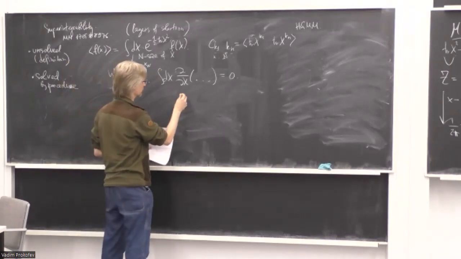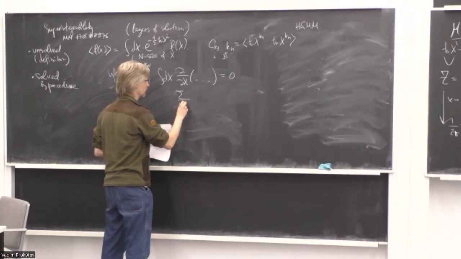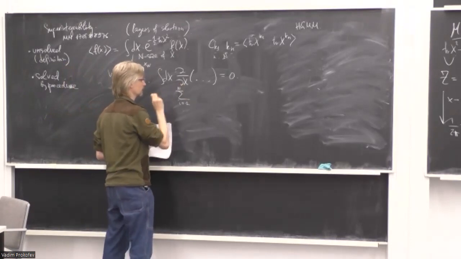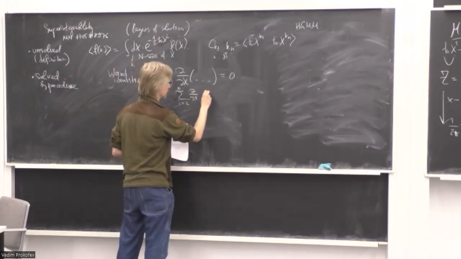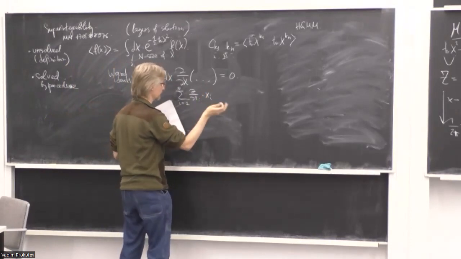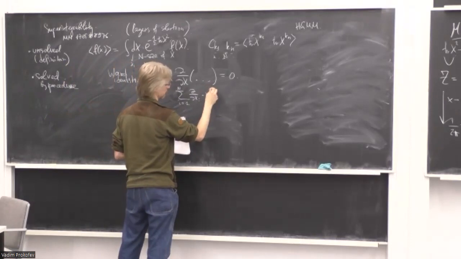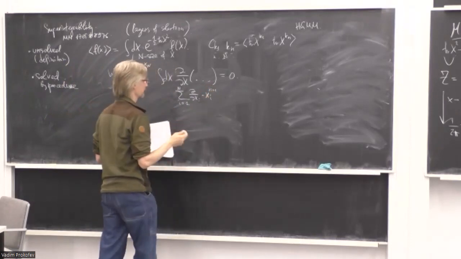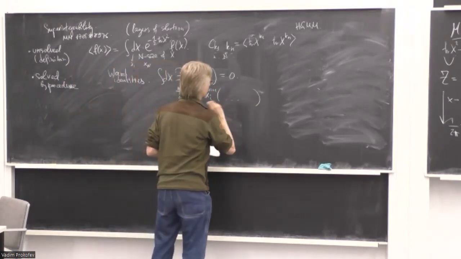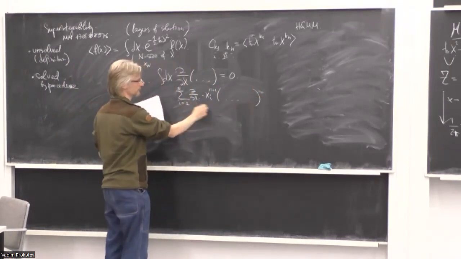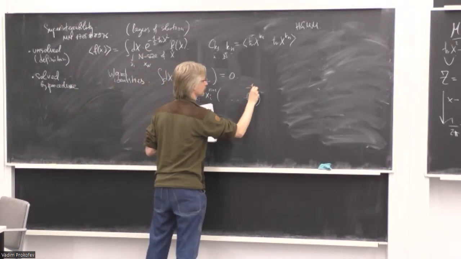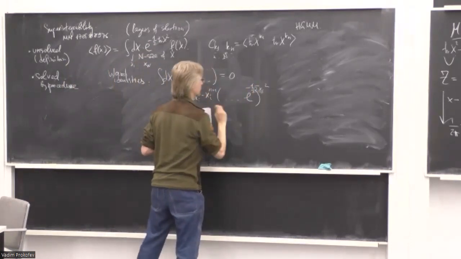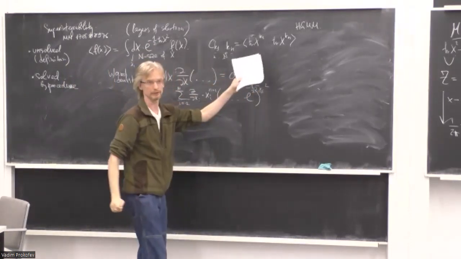And so then what we actually insert here is the sum over i from 1 to n of d over dxi times xi to some power n plus 1. This is the operator you insert, and here you write e to the minus 1 half sum xi squared, and here you write this correlator.